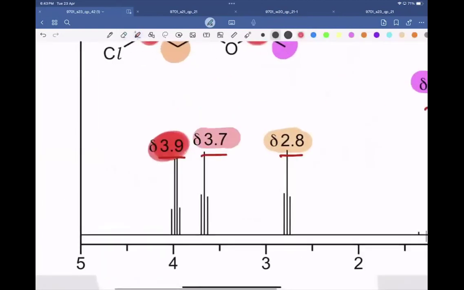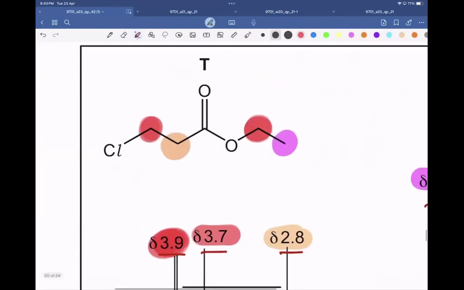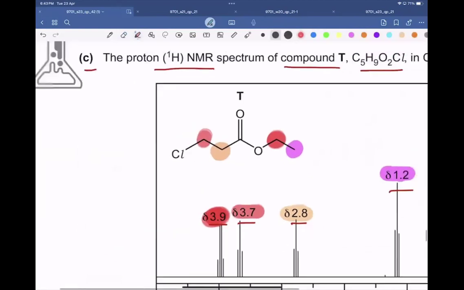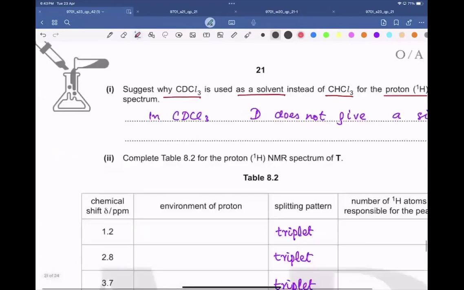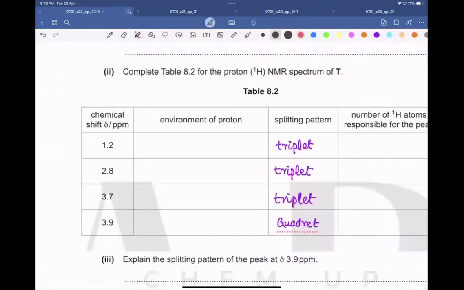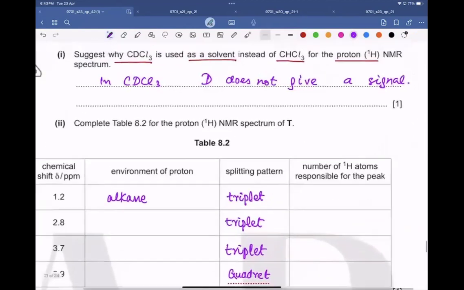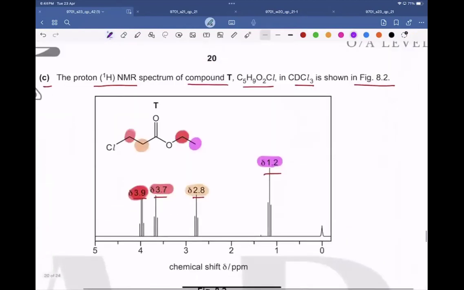Over here, I'm going to write that it's an alkane and it's this one, right? So it's a CH3 group.